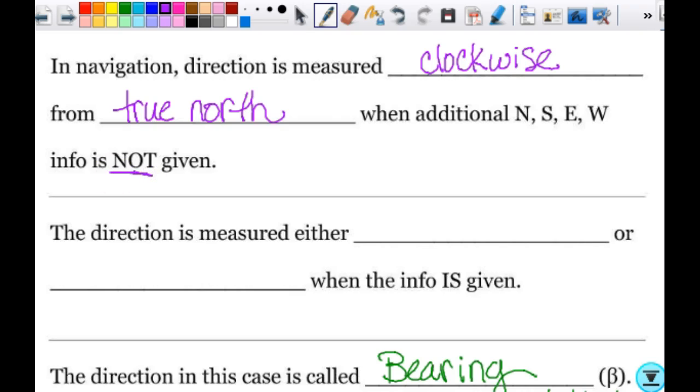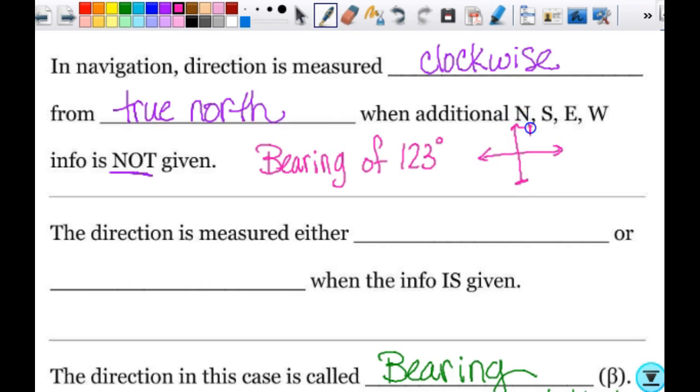So if it just says you have a bearing of 123 degrees, with no north, south, east, west attached to that, just that's the bearing, then we're measuring that from true north. And this is what I mean by that. You can draw what kind of looks like an X and Y axis, but we're going to label it north, south, east, and west. If we were going to plot this angle on the coordinate plane, we would start here at 0 because this would be our positive x-axis, right?